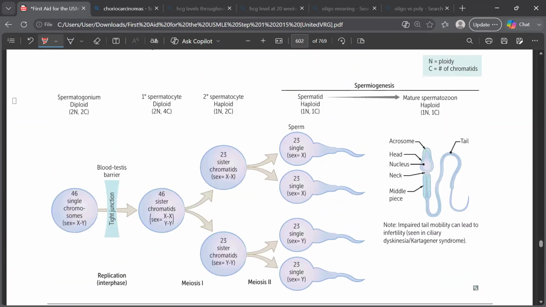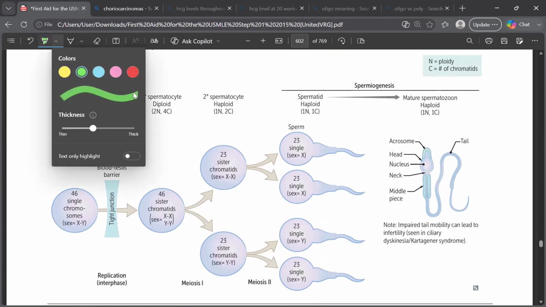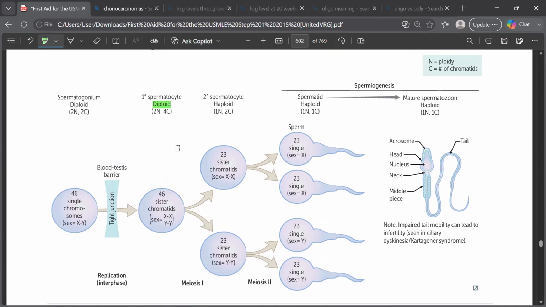So spermatogenesis is spermatogonium, which is diploid, just like oogonium, has to cross the blood testes barrier, which we just discussed in our anatomy video, which has tight junctions, and it goes through replication in the interphase and gets converted into primary spermatocyte, which is diploid, but it has 2N and 4Cs because of chromatids instead of chromosome.